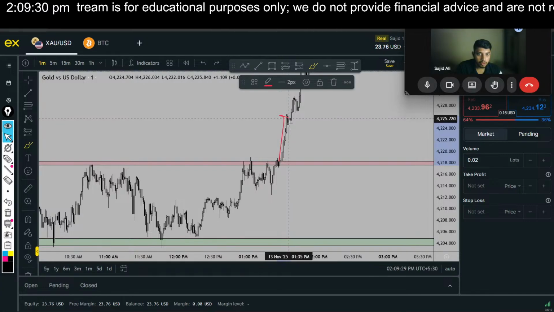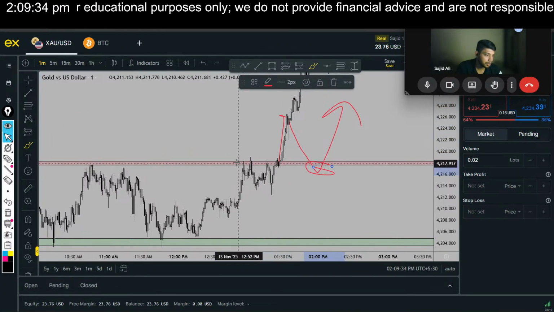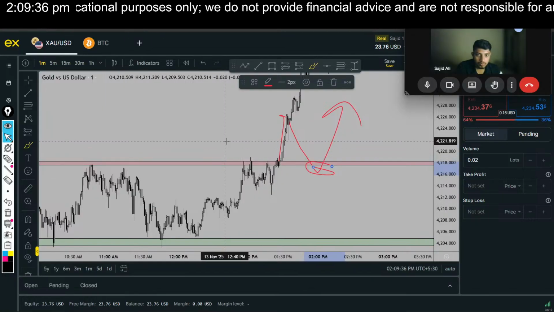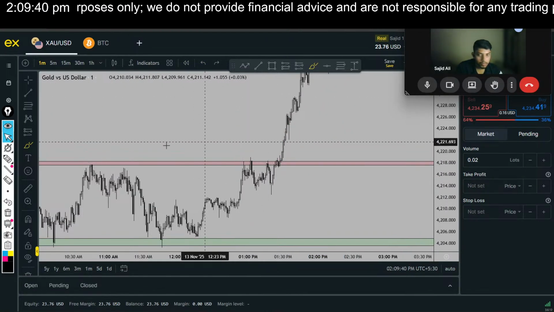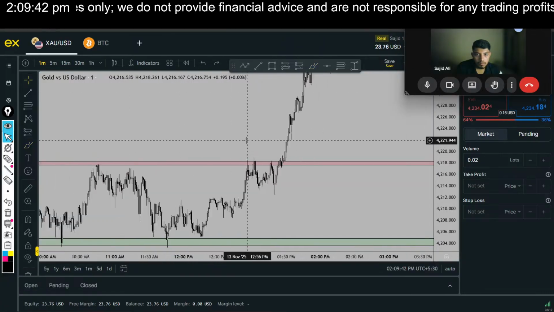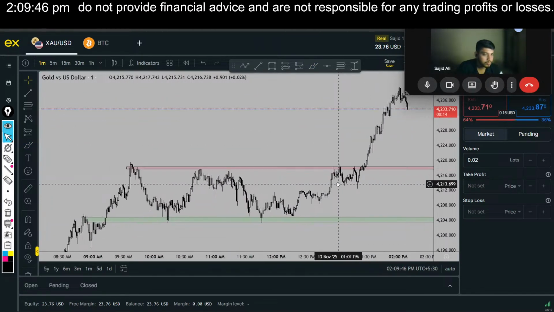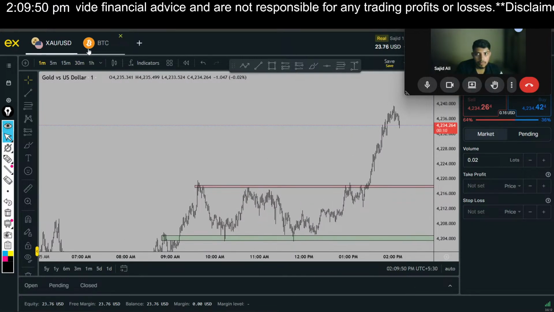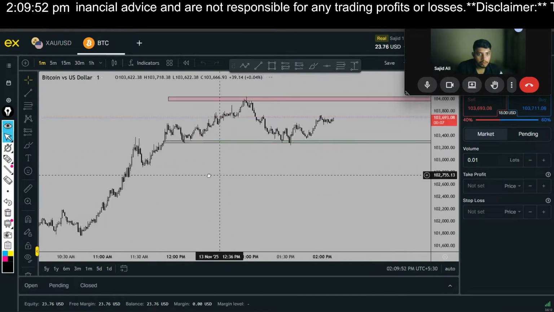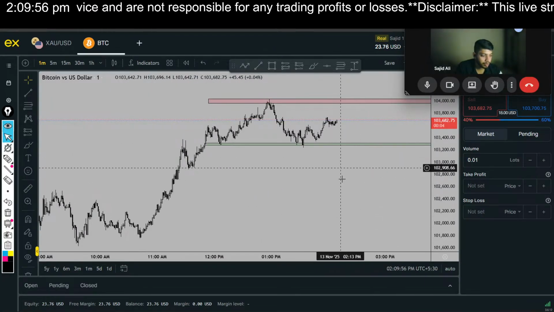When the price was here, we were expecting to enter here on the second entry. Bitcoin, we are planning a buy side trade from your forms.